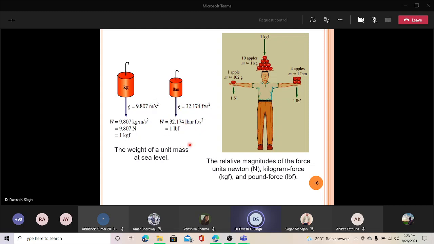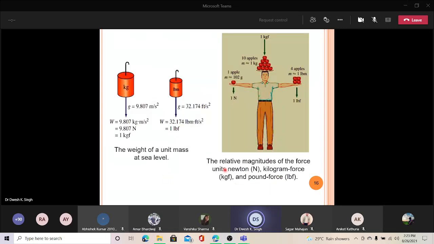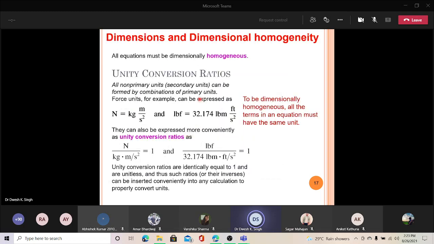So to generate 1 lbm, we require 1 lbf force, where g is equal to 32.174.